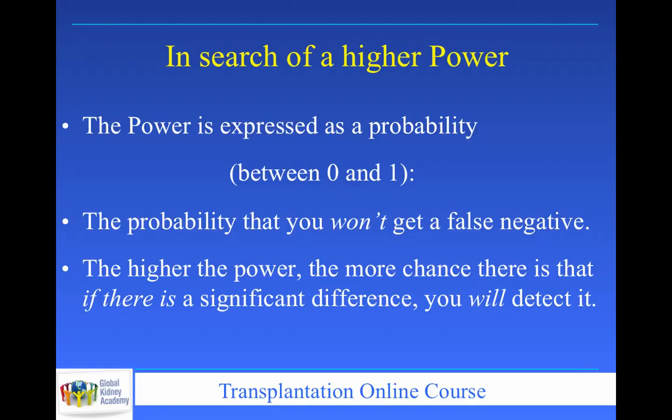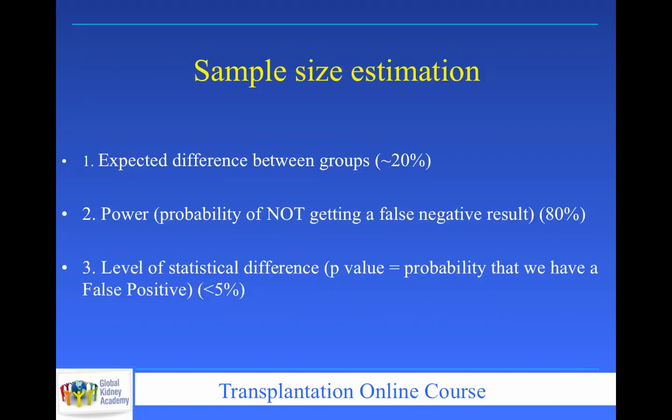If the study is powered only to have 50%, then it's meaningless because 50-50, it could be either positive or negative. So the higher the power you set for your study, the higher your ambition to get a truly positive result, the better. So that's the power, the probability of not getting a false negative result.